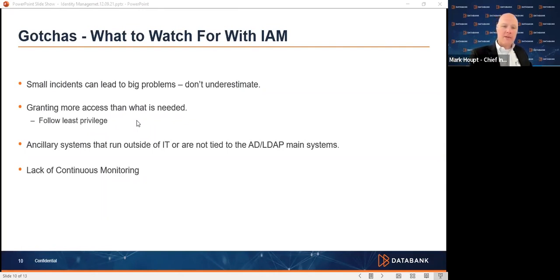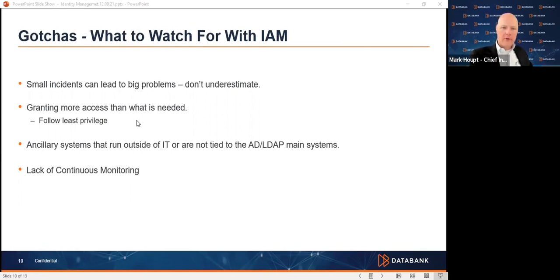Because a lot of times hackers or attackers will gain access to these credentials and they'll sit on them for a couple of months, and then they'll come back and use them later. So make sure that you pay attention to those small incidents. And especially with ransomware right now, ransomware is taking advantage of a lot of these types of small incident scenarios and really blowing them up into larger ones.